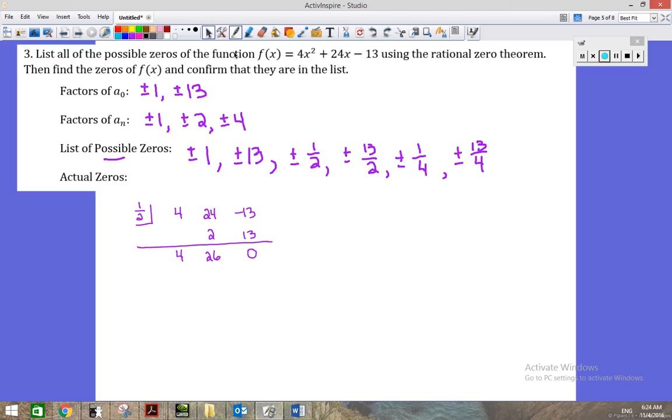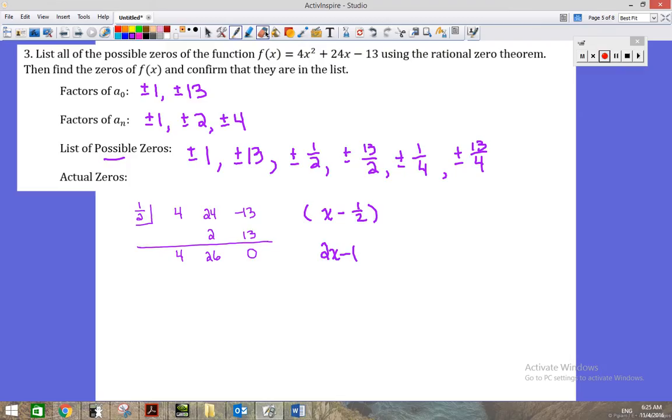Now in factored form, since 1/2 was an x-intercept, in factored form that's x minus 1/2. But we want to write this as 2x minus 1. Let's see.